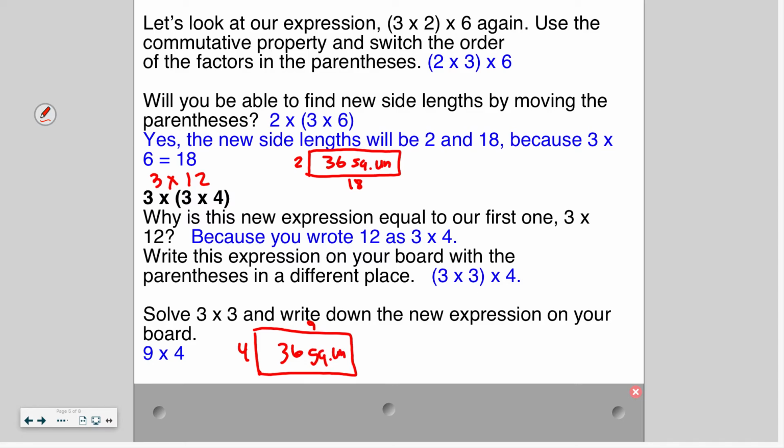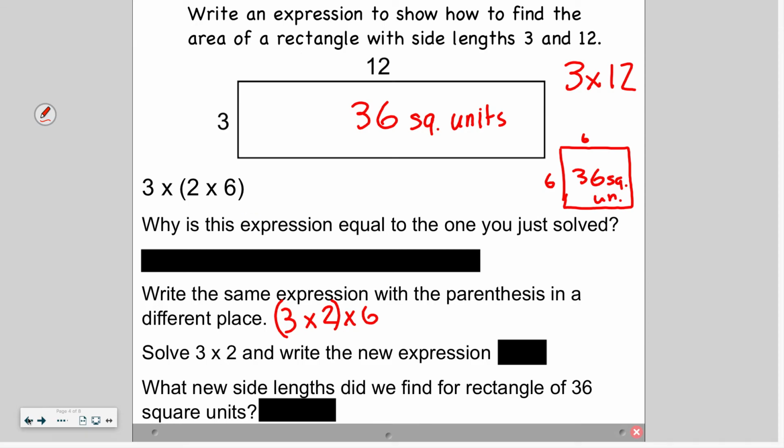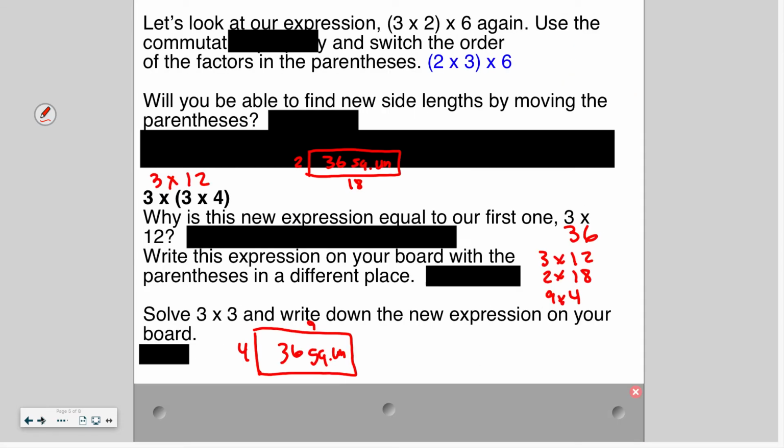So with just the area of 36 square units, we were able to find 4 different rectangles that multiplied into the same answer. So that means that 36 has multiple factors. Let me list that over here. We did 3 times 12, 2 times 18, 9 times 4, and 6 times 6.